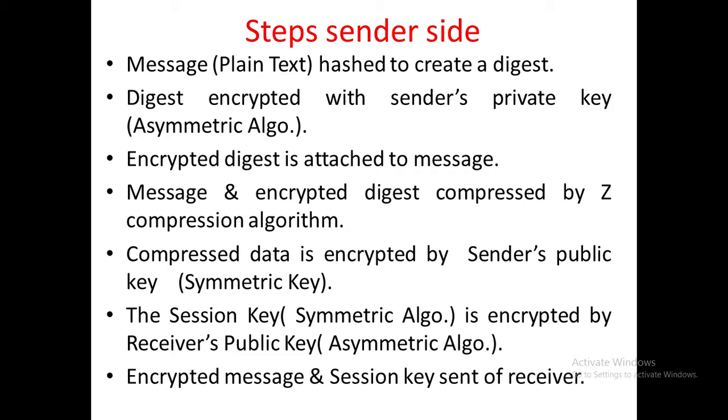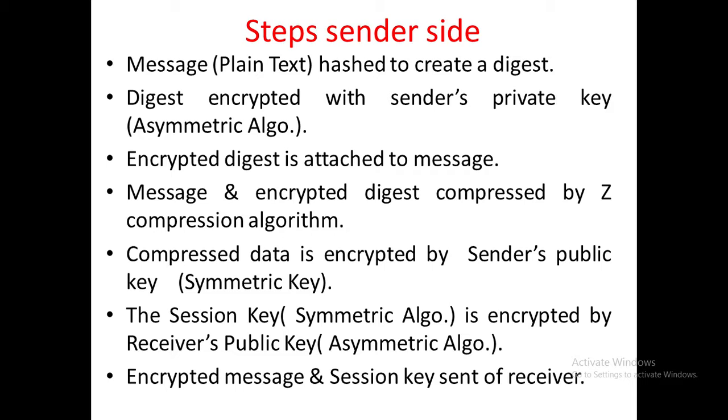Once we have the compressed data from the compression algorithm, we create one session key. That is most important. We will use that session key and send it to the receiver side. For that we will use a symmetric key algorithm. We apply the symmetric key algorithm on the compressed data by using a secret key; that is what we can consider the session key.